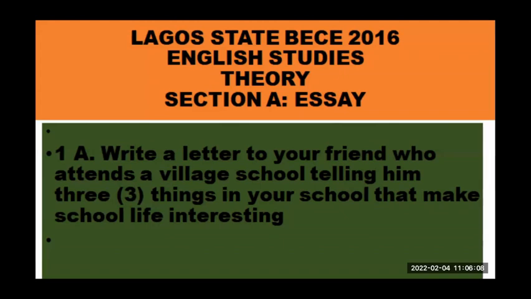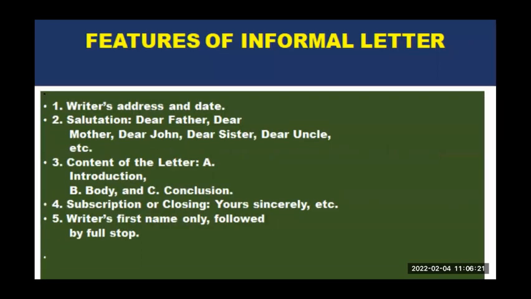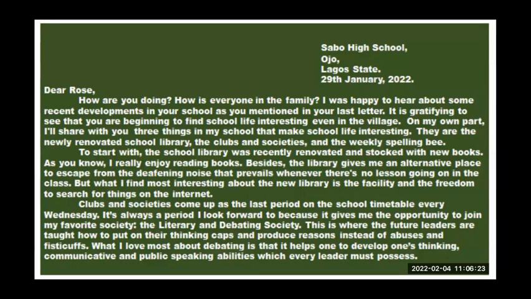Or what other thing? The spelling bee? Those things that make life interesting at school. You jot down three of them because you are asked to discuss three. So now let's look at the three points, the three interesting things, and how we have been able to discuss them in this sample letter.